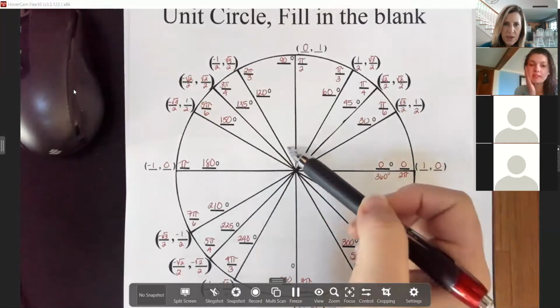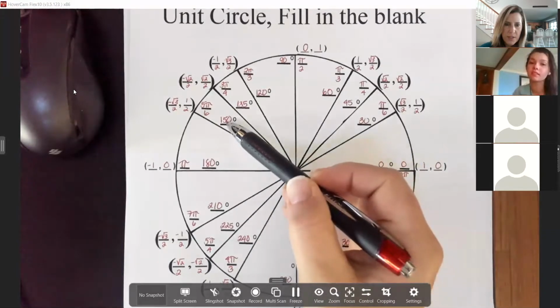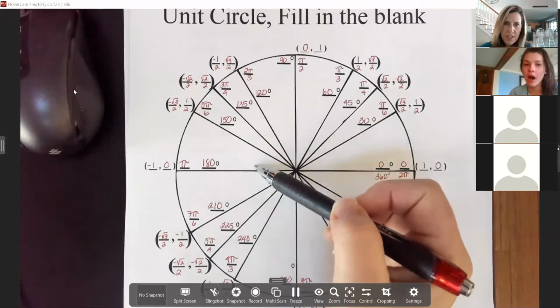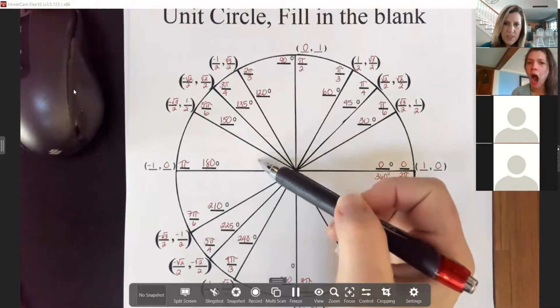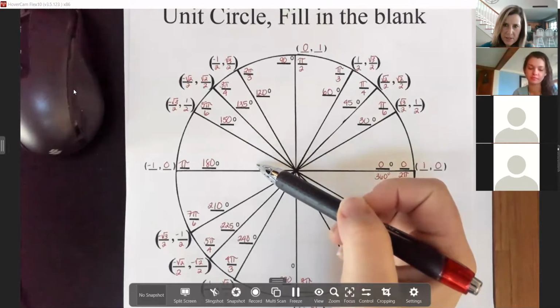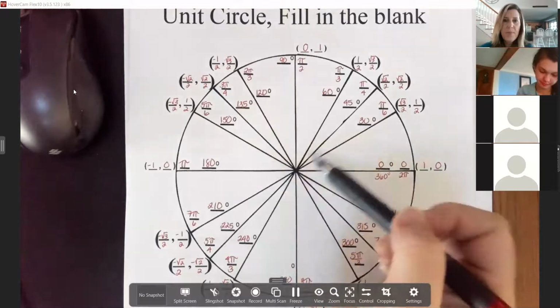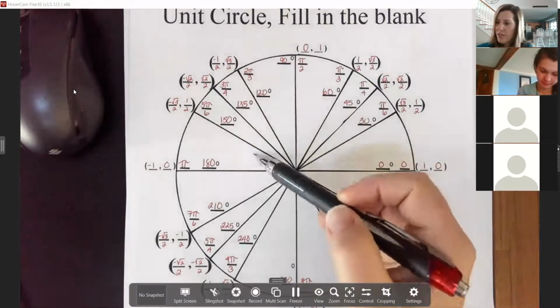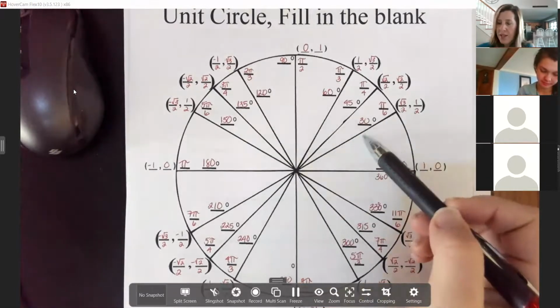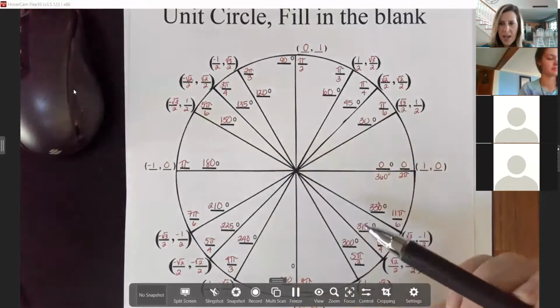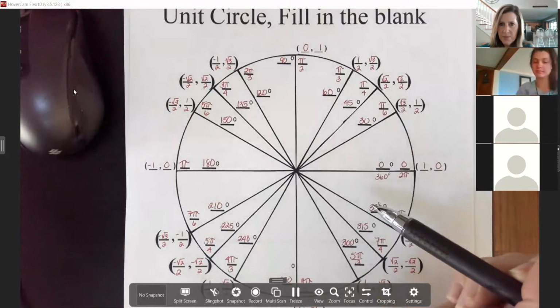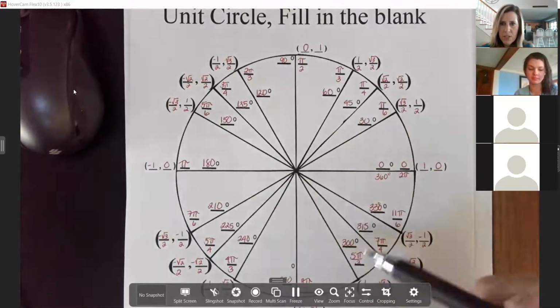We know here to here is the 150, right? So how much is that? 30. And what's that called? Reference angle. So these are going to match up because the reference angle is 30, so it's going to have the same measure as our 30 degree, except for the signs. Does that make sense? Questions?